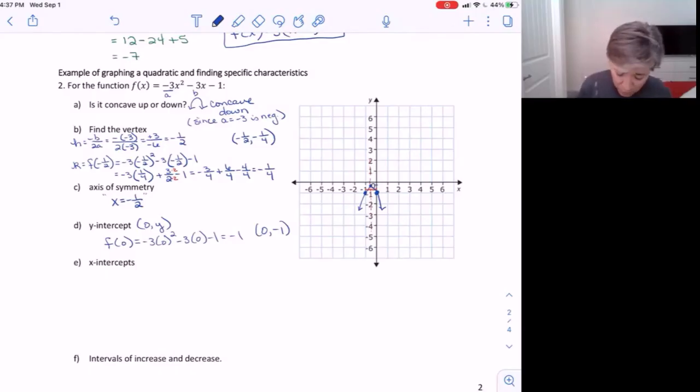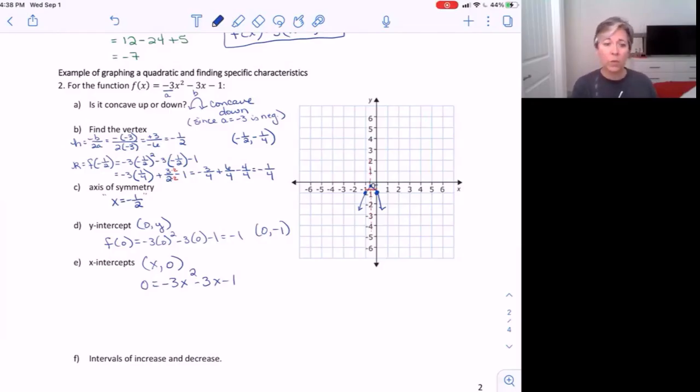Well, again, we know for x-intercepts we're going to have an x and a y of 0. So normally we would plug in 0 equals negative 3x squared minus 3x minus 1, and we'd have to solve for that. We're going to learn how to solve those quadratic equations in the next section, 3.2. In the meantime, you can use your calculators like we did in earlier sections.